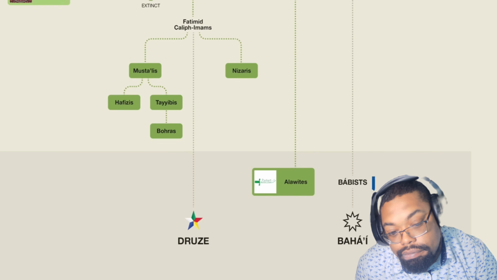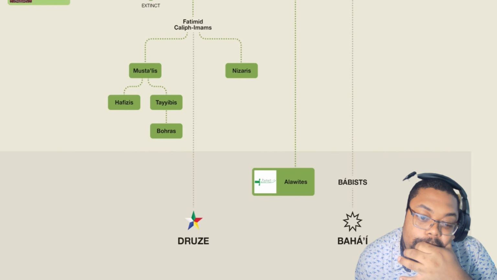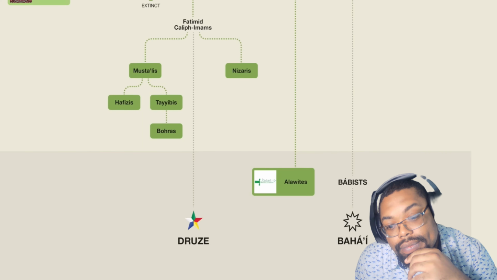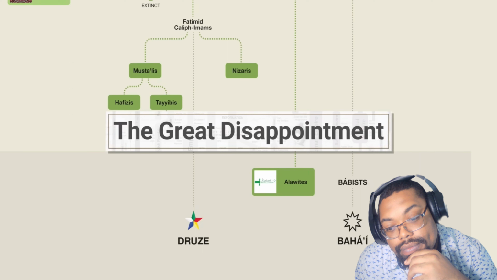Finally, the Babist and the Baha'i faiths also come from the Twelver Shias. While they're certainly not Muslim, they do hold on to a lot of things from the Shias. In episode 6 of Matt's Christian Denominations Family Tree series, he talked about the Millerites, who believed that Jesus would be returning in the year 1844. The lack of Jesus' return led to the event known as the Great Disappointment among their followers.